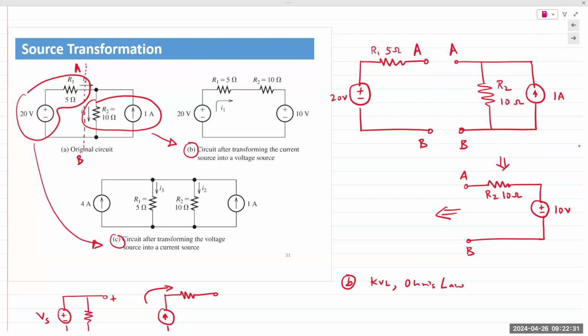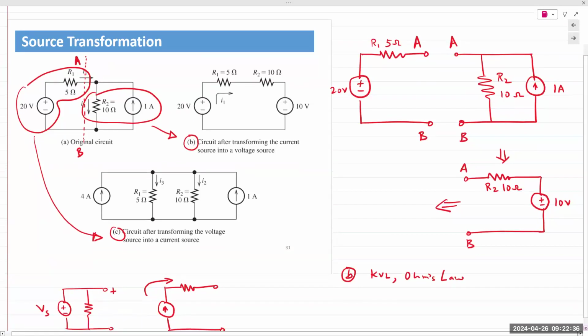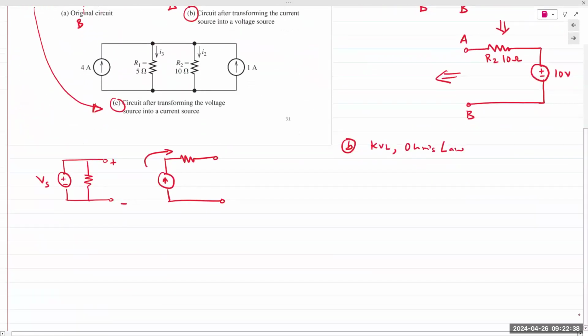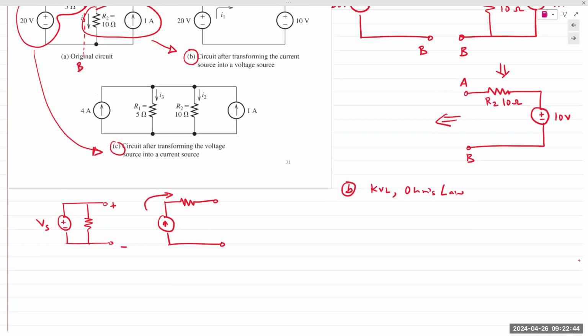C. Okay. Yes, so I'll go over that right now. The question being asked was about figure number C. And so I would take the voltage source. Actually, I'll draw it out right here. And I would transform it into a current source in parallel with that same resistor.